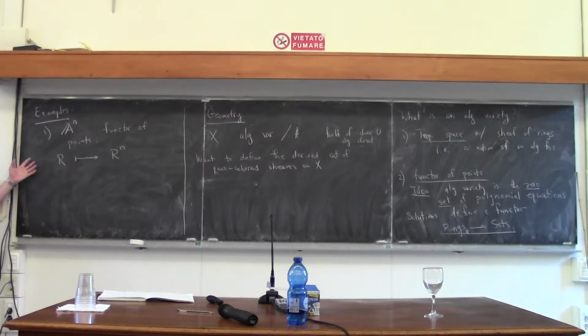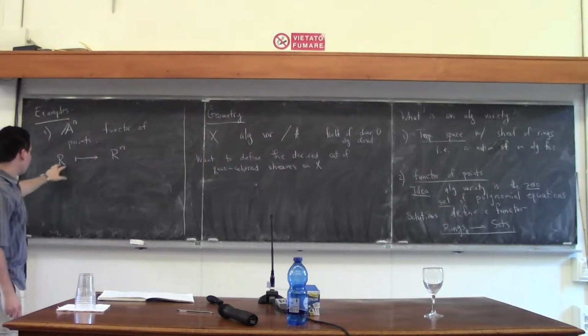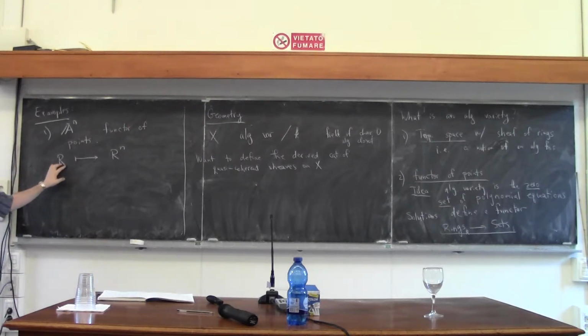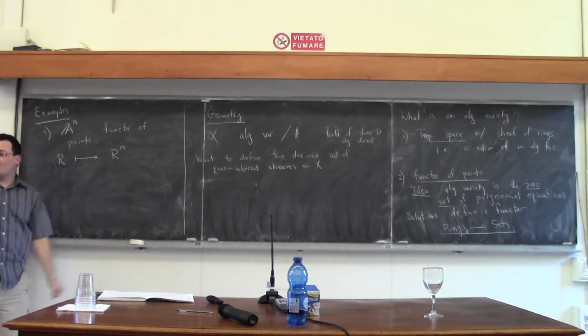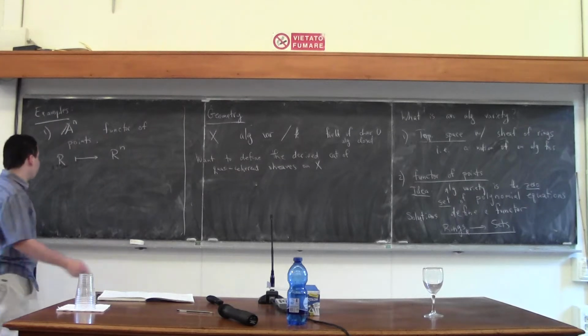In general, maps from anything into A^n is just the same as the data of n global functions. Global functions on the geometric object corresponding to R is just R by definition.